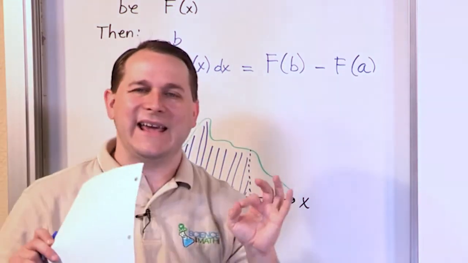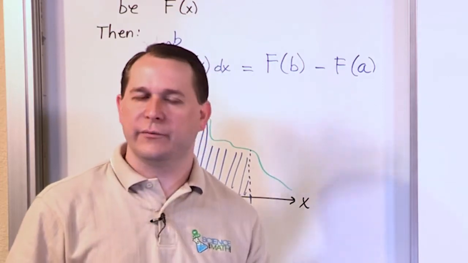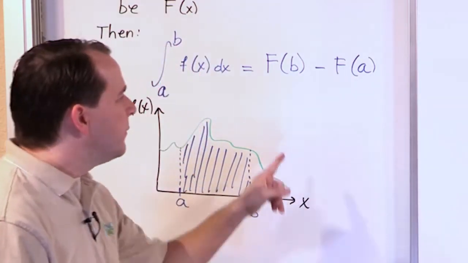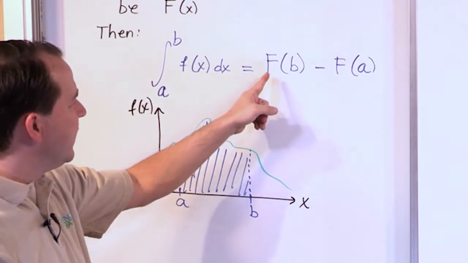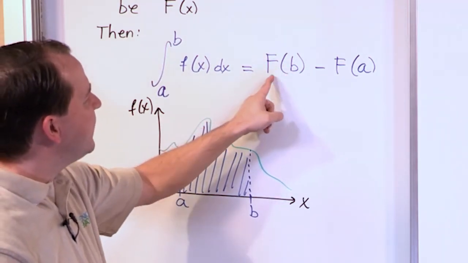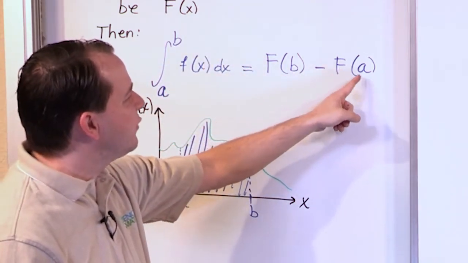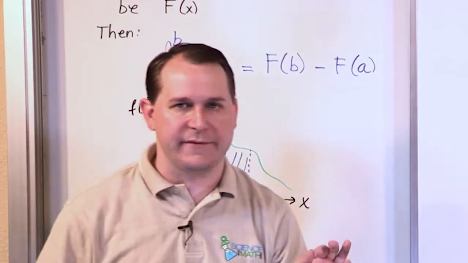In order to get the answer, you're going to find something called an antiderivative, which I need to explain what it actually is, but it's another function, basically, that's denoted by capital F. Once you do that, you evaluate the antiderivative at the top limit of integration, and you subtract the antiderivative evaluated at the bottom limit of integration.